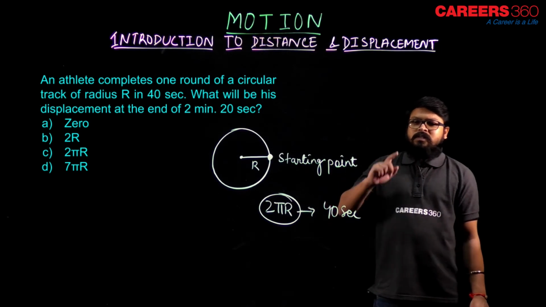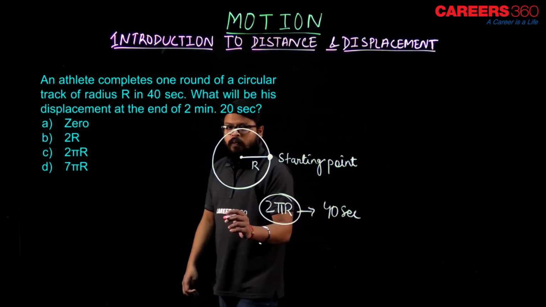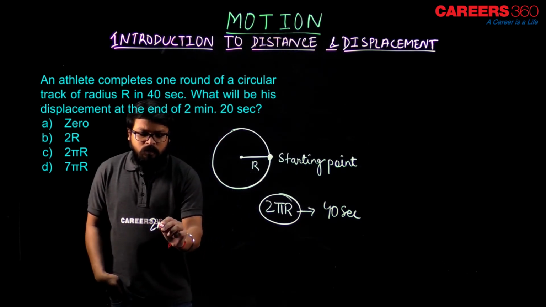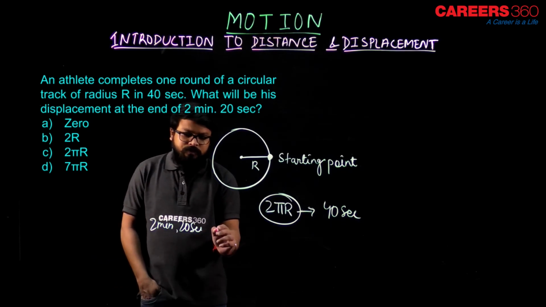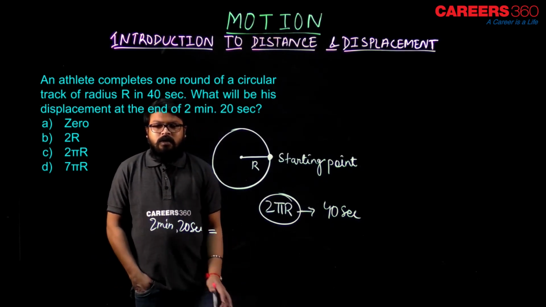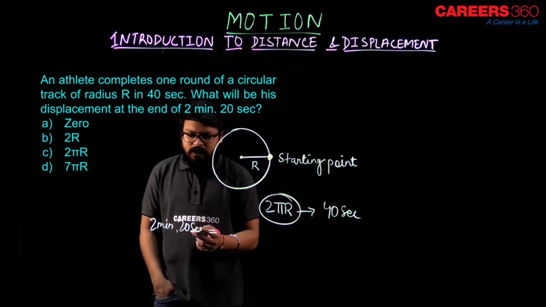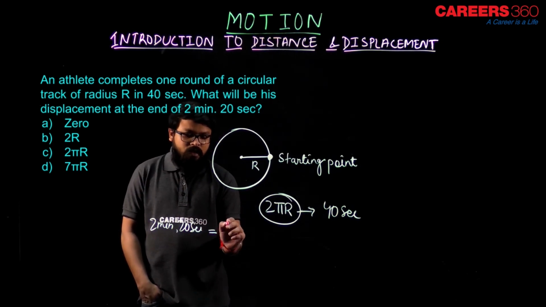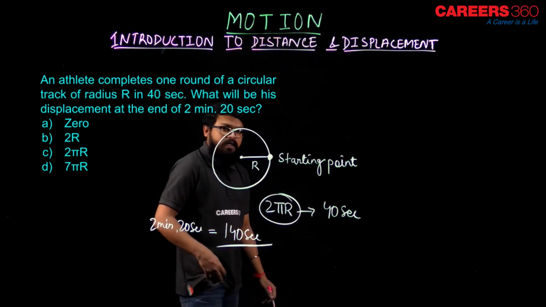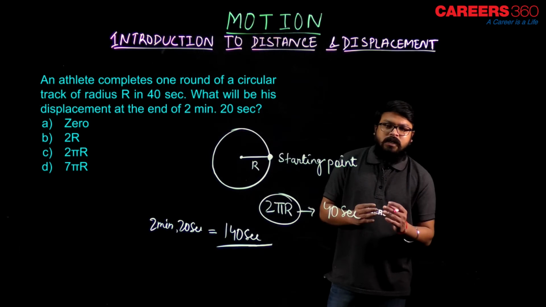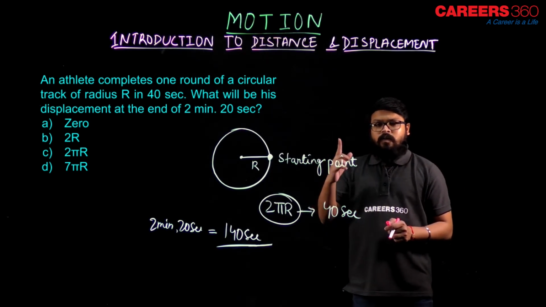So what will be his displacement at the end of 2 minutes 20 seconds? 2 minutes 20 seconds means 2 minutes is 120 seconds, 120 plus 20, 140 seconds, isn't it? 140 seconds is the total time, and it only takes 40 seconds to complete one circular track.